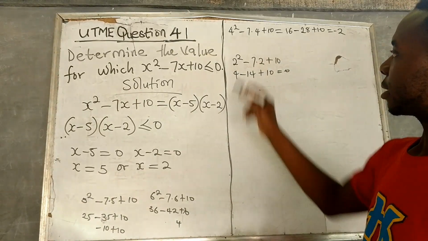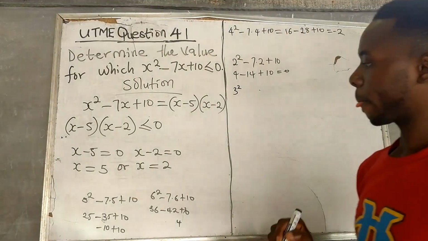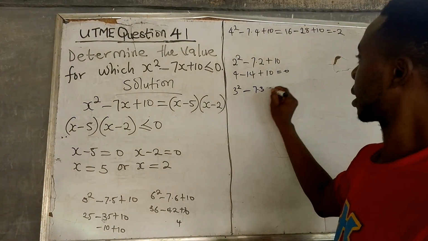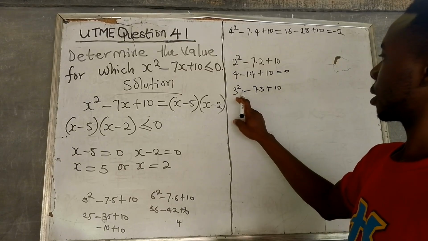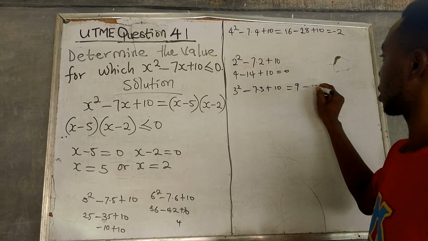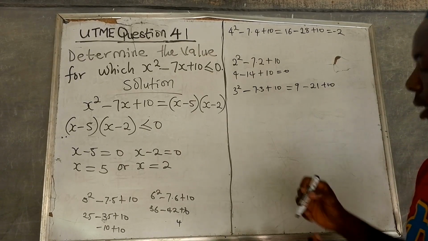But if I increase this 2 to be 3, let's say 3 squared minus 7 multiplied by 3 plus 10. 3 squared is 9, minus 7 times 3 is 21, plus 10.